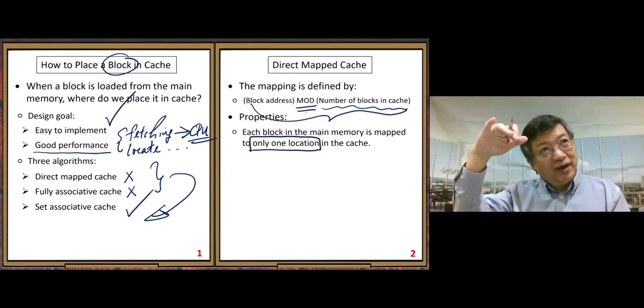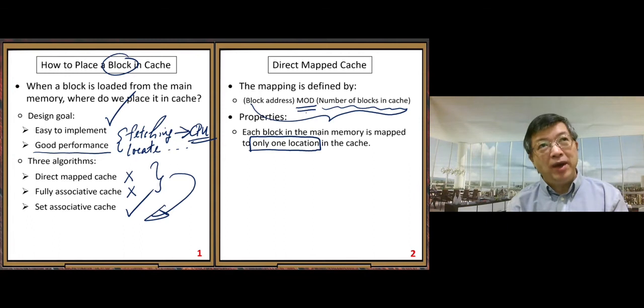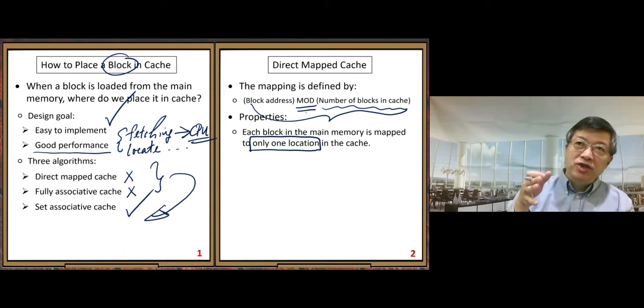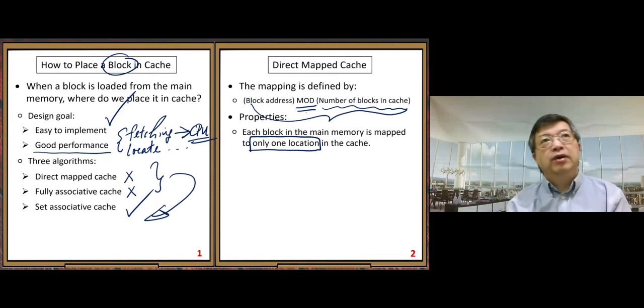The advantage, although it is good, its impact is not that big. The disadvantage, its impact is pretty big. So that's why the overall performance is not good. Let's see the advantage first.